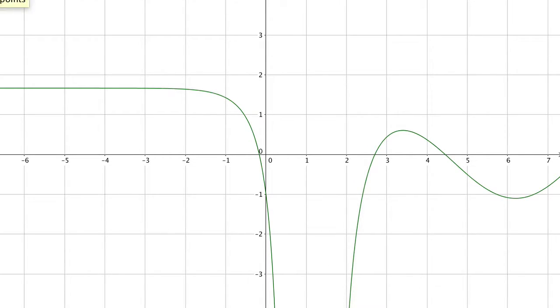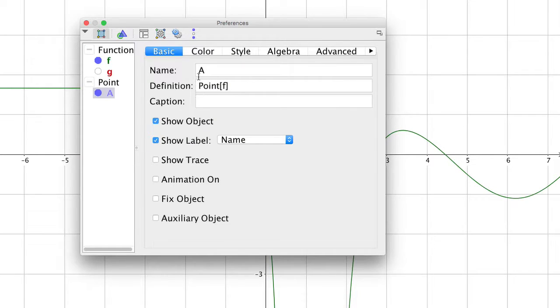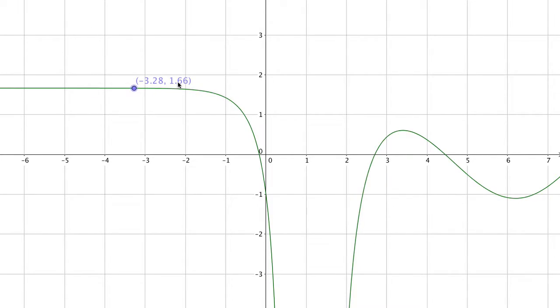The first thing we're looking at is if we consider going to the left. So I'm going to put a point on here. And I probably should have set this up before, but I'm going to have it show me the value of the point so I can see the coordinates. I can see over here I get some other values, but as I go far left, it doesn't even have to get that far left.